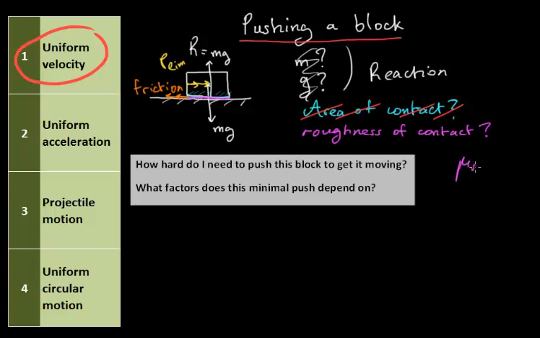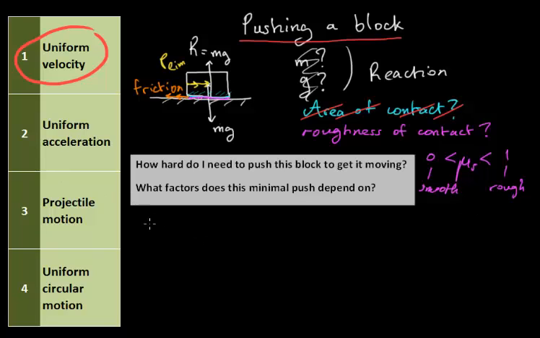So this is quantified by a quantity that's symbolized by the letter mu. So here we have mu s because we're talking about static friction. And this quantity is between 0 and 1. 0 meaning a perfectly smooth surface, and 1 meaning a perfectly rough surface. And this mu s is what we call the coefficient of static friction.